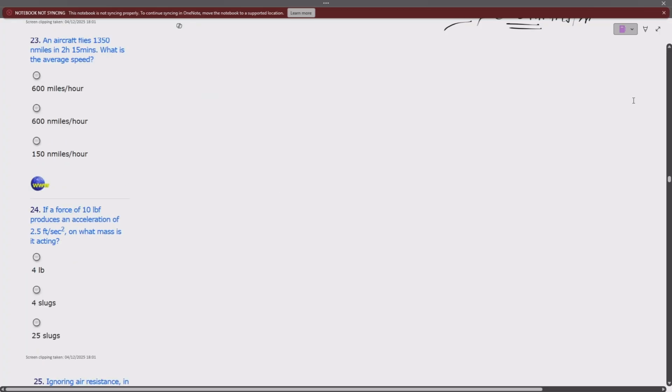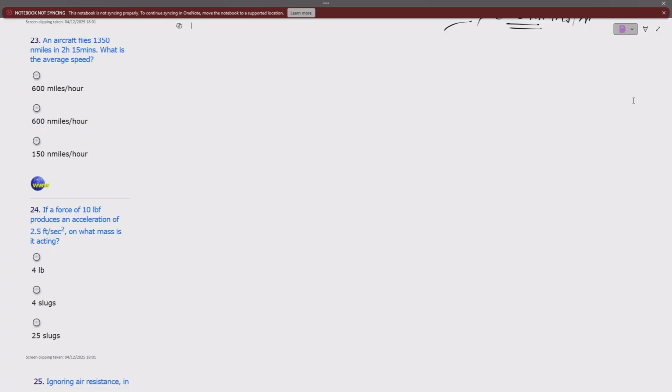Right, now let's tackle question number 23. An aircraft flies 1,350 nautical miles in 2 hours 15 minutes. What is the average speed? Since speed equals distance over time, you have been given the distance to be 1,350.